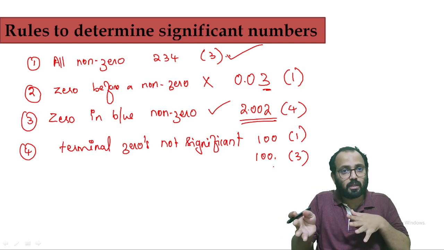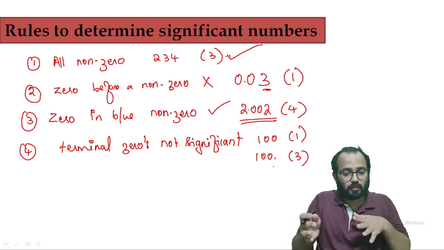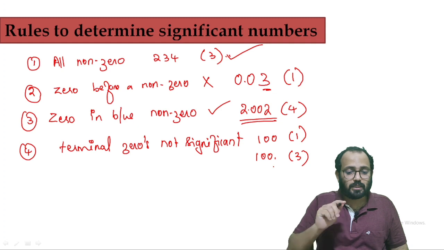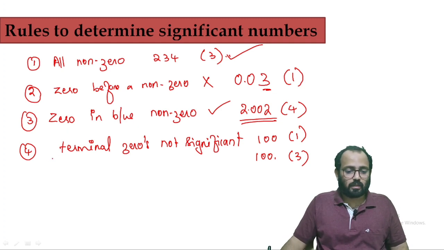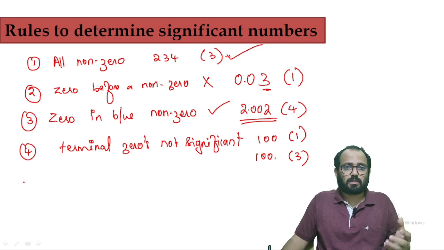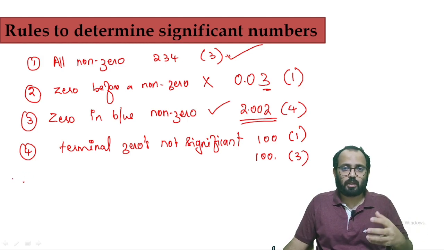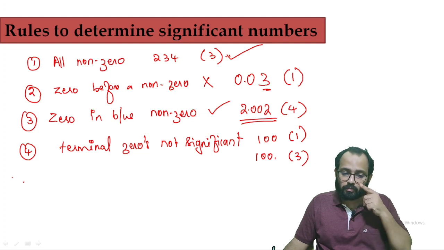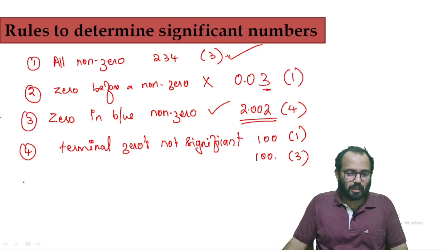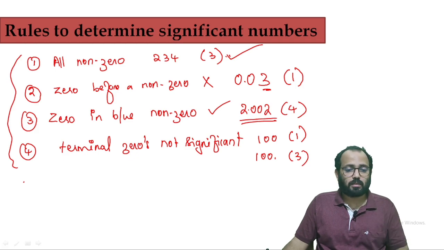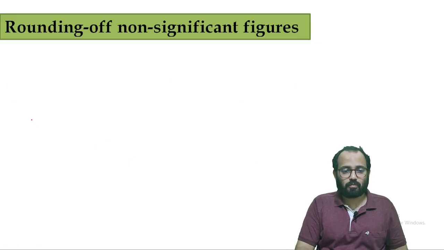Terminal zeros are not significant if there is no decimal. If there is a decimal, they are significant. And counting the numbers or objects, you get infinite significant figures. So these are the important rules that you should remember while discussing significant figures.